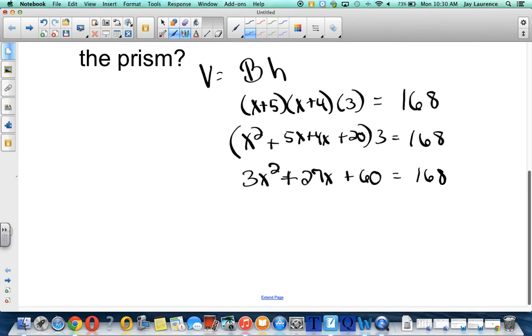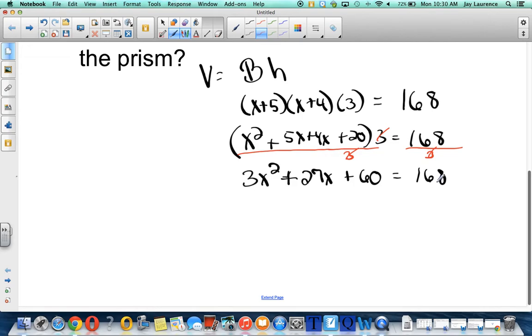Equal to 168. Now, I could have divided by 3 if I was really sharp paying attention. I could have said, what about if I just divide both sides by 3 right here? I could have done that because 168 is divisible by 3. I didn't see it, so I'm going to do it this way.